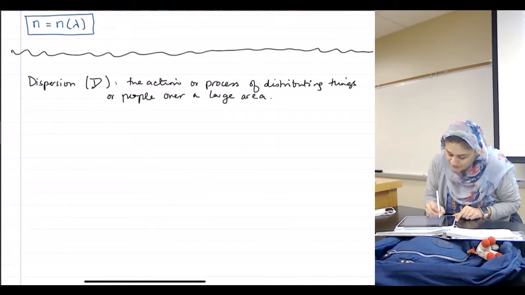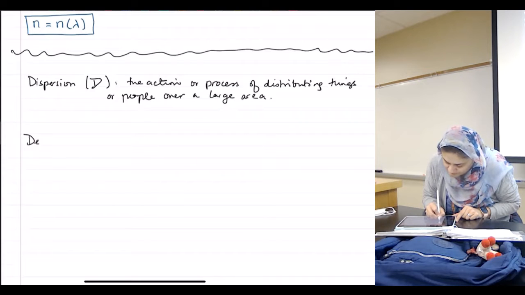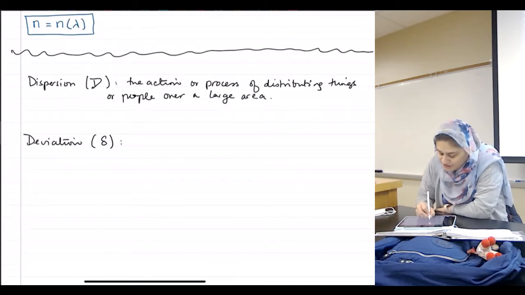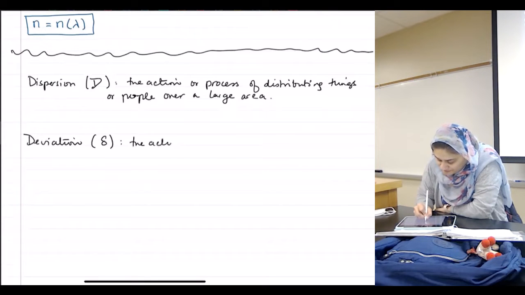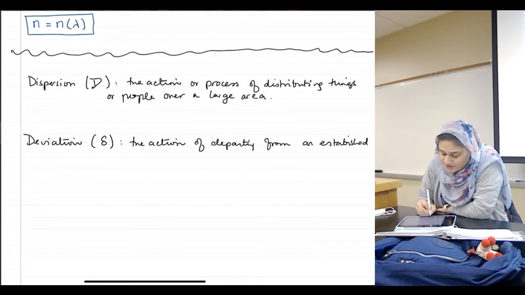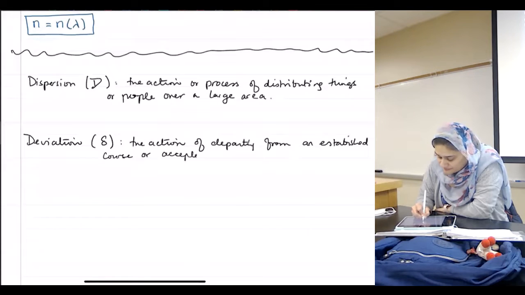And deviation, that we define with these deltas, is the action of departing from an established course or accepted standard.